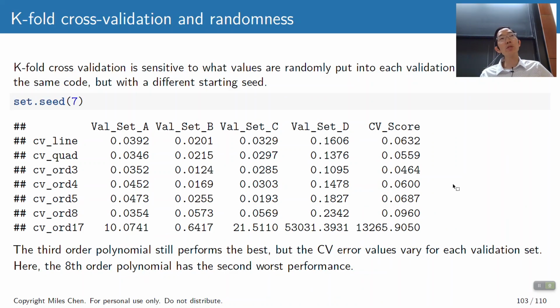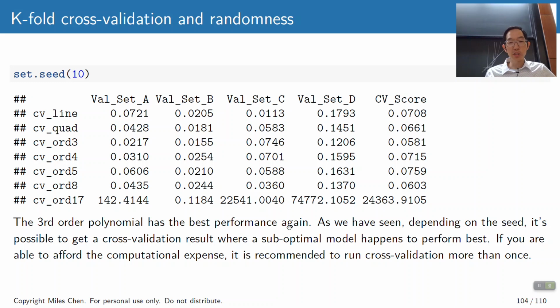That is one of the drawbacks of k-fold cross-validation: you could end up picking the wrong model because of the randomness involved. So it is often recommended that you do multiple repeats of k-fold cross-validation, and if you repeat it 5 times, you'll get a plurality or a majority vote.